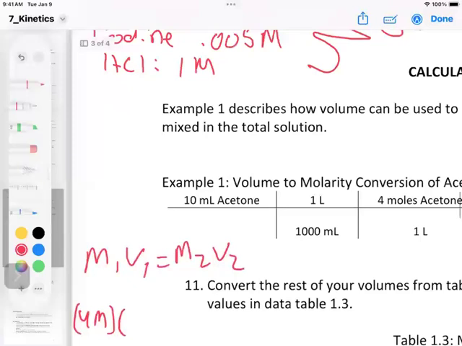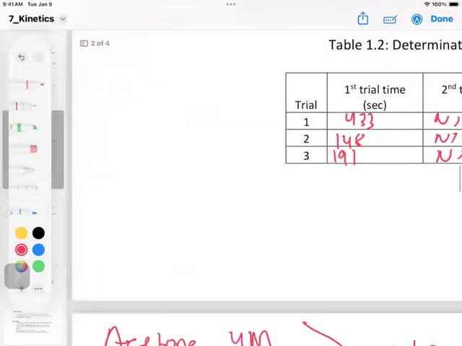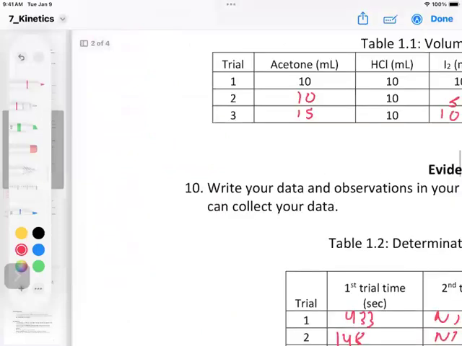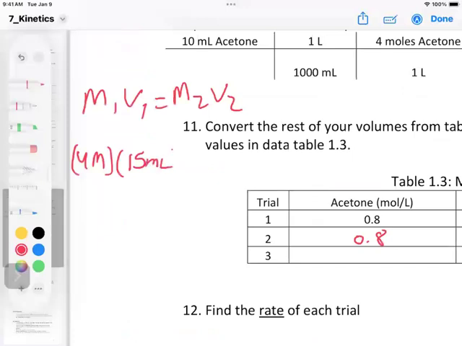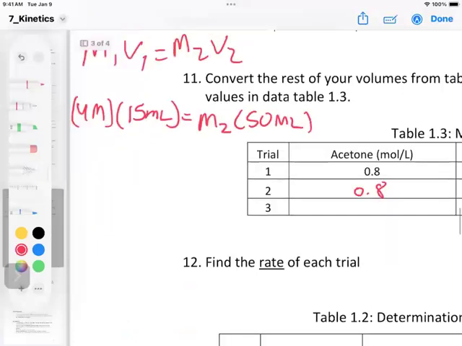Our volume used for trial 3 is 15 milliliters. We're trying to find M2, and V2 is 50 milliliters because that's the total solution. 60 molar milliliters equals 50 milliliters times M2, dividing by 50 milliliters on both sides.